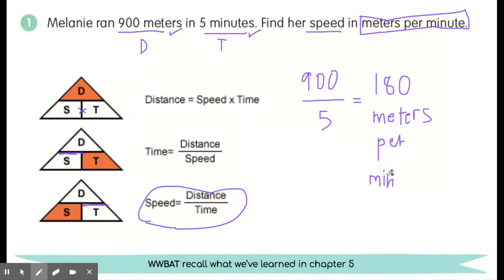So again, in order to find the speed, you are dividing the distance by the time. The distance is 900 meters. The time is 5 minutes. So the speed is 180 meters per minute.